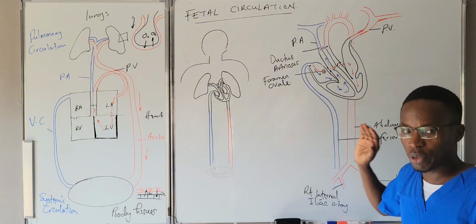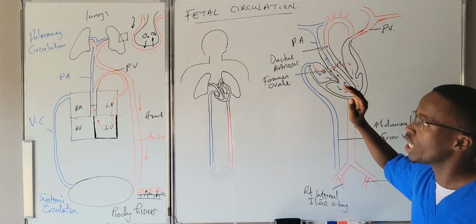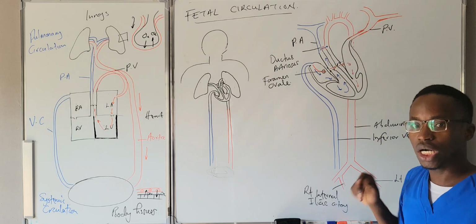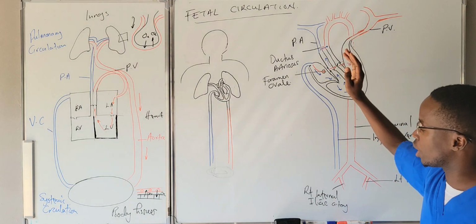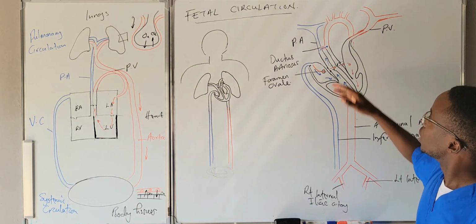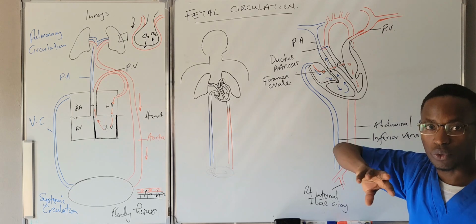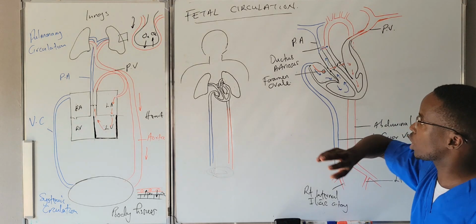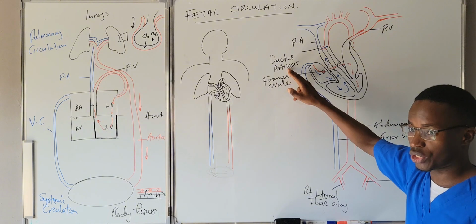Now, in the pulmonary circulation, because the lungs are non-functional, there is no oxygen there, and there's so much pulmonary circulatory resistance. So what happens then? Because of that resistance, blood has to find other routes, other channels. And one of the channels that blood is going to find is what is called the ductus arteriosus.